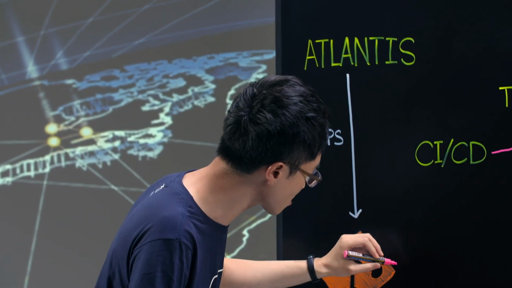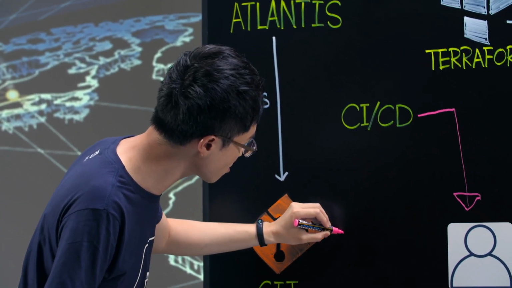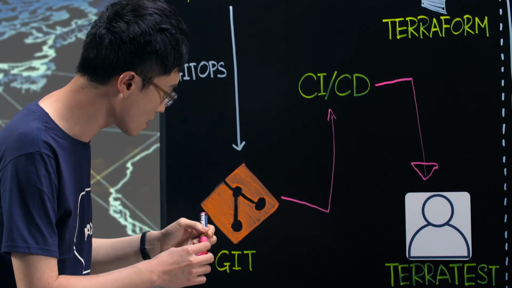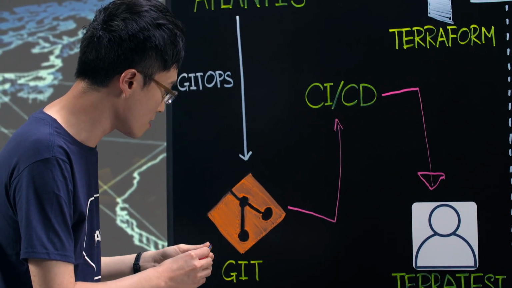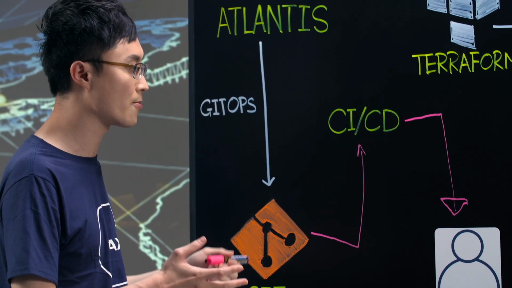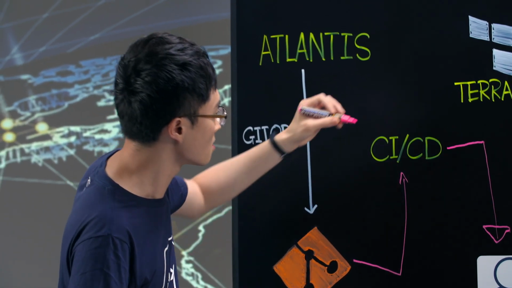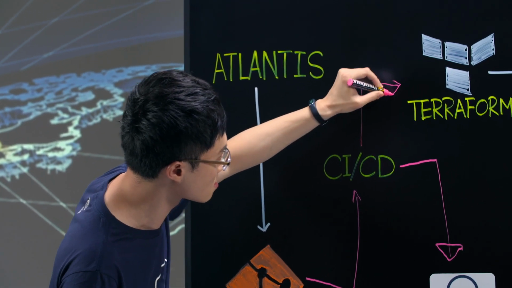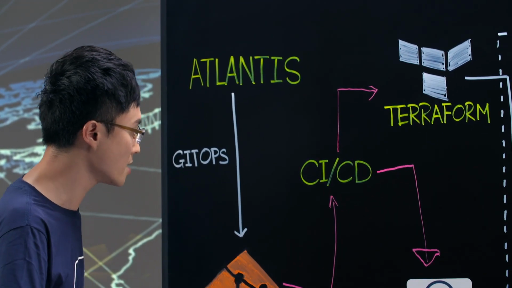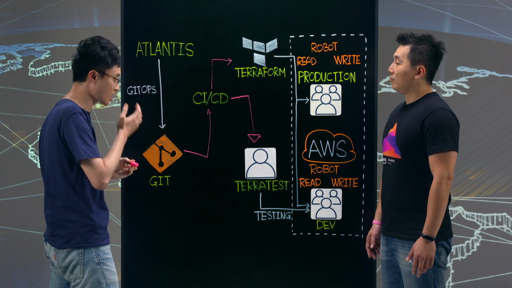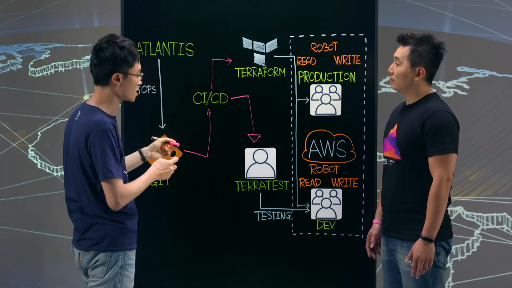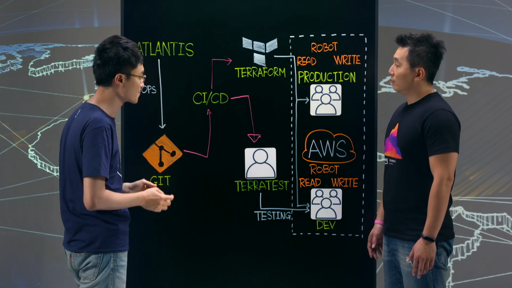When there is a code change, we create a pull request to the CI/CD framework. Then the pull request will show what will be changed in the Terraform, so we can know what will be changed in the AWS account cloud resources.